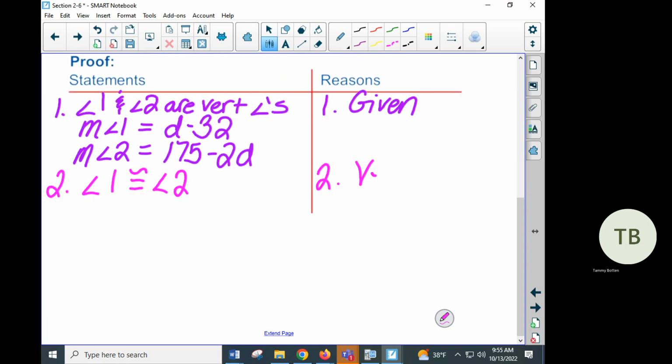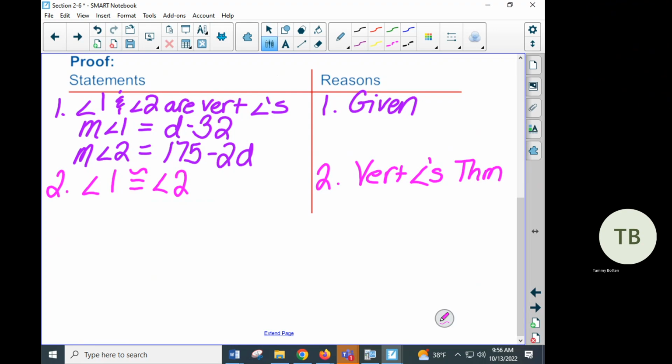And that is by the vertical angles, and for theorem, I always do THM. Okay, so that's vertical angles theorem. Now, eventually I want to be able to substitute this in for angle 1 and this in for angle 2.